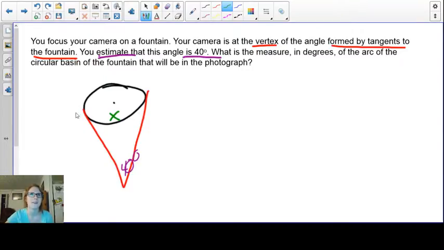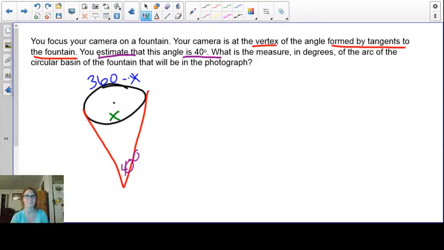How would I know how to find the rest of my circle if I know part of it's 20? Well, I would take 360 minus 20, right? Okay, well, if I'm looking for this arc of what's going to be in my picture is X, doesn't that mean that the rest of my circle is 360 minus X?